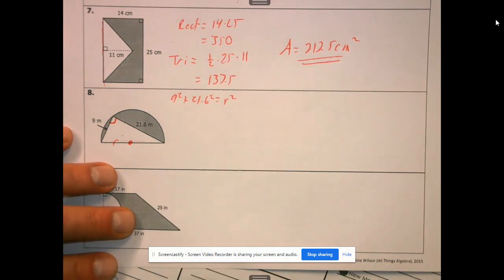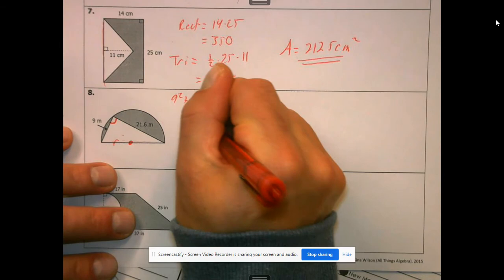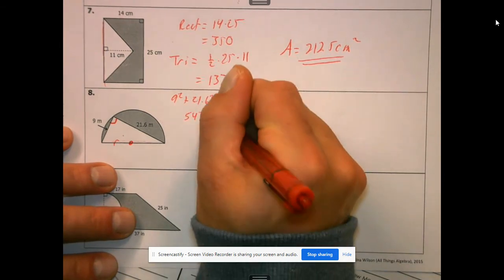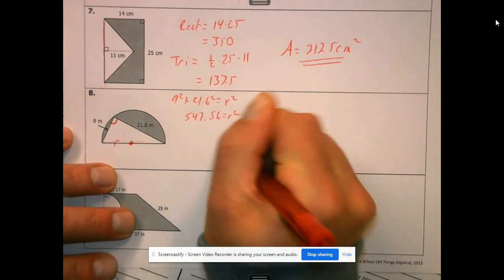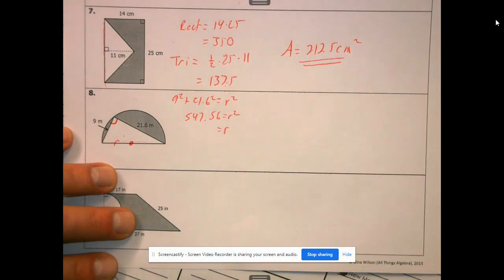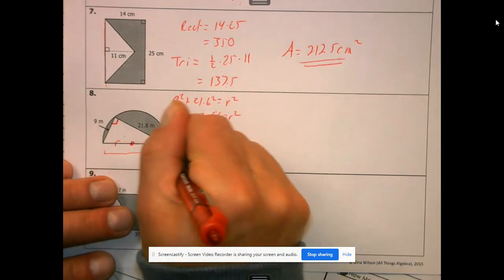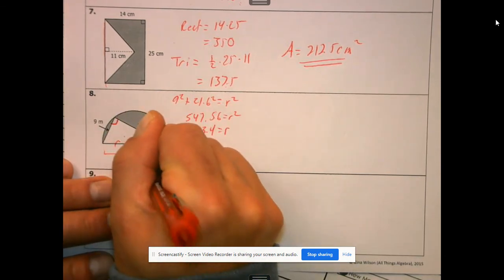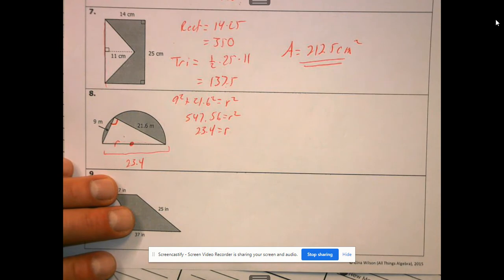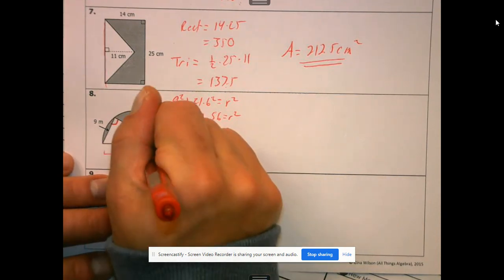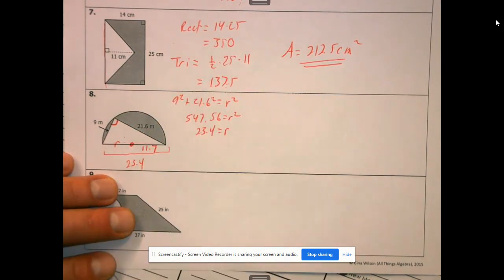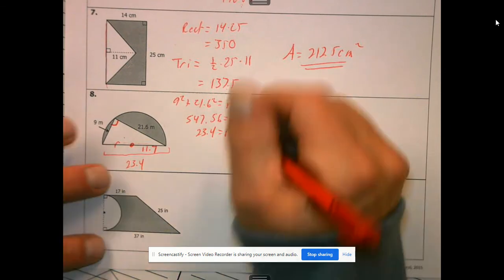Left side adds up to be 547.56. Then square root that to get the radius. That comes out to be 23.4. All right, so your diameter is 23.4. But then cut that in half to get the radius. Radius would be 11.7.